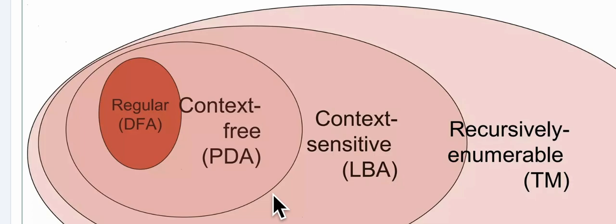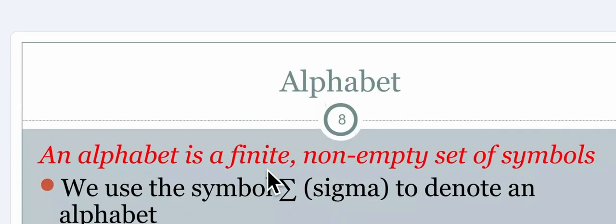PDA is a subset of LBA, so LBA has the capabilities of a PDA plus extras. The Turing machine is a superset of all: it has the capabilities of LBA, PDA and finite automata, plus extra capabilities the others do not have. This connectivity is given by the scientist Chomsky, called the Chomsky hierarchy.